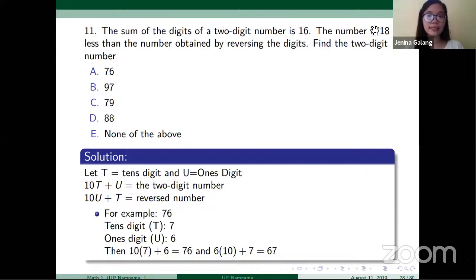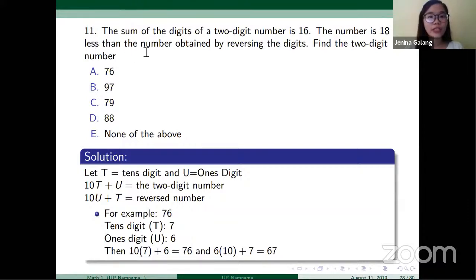is meaning kapag translate mo to mathematical sentence, magiging equal siya. So 18 less than the number obtained by reversing the digits. So sa pag-convert ng less than, dapat mauuna yung number after nung word na less than.